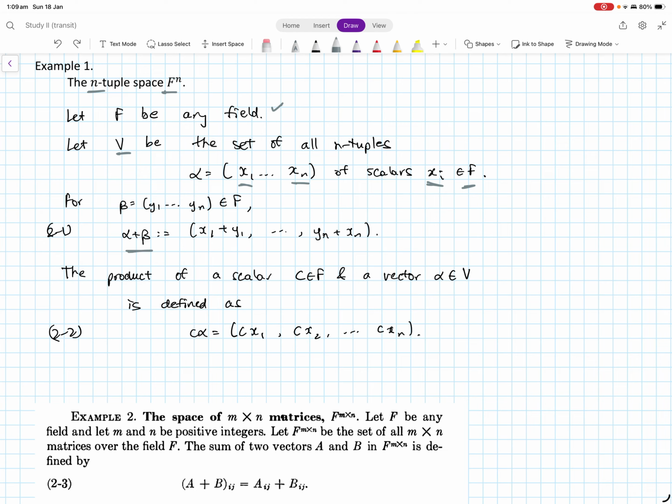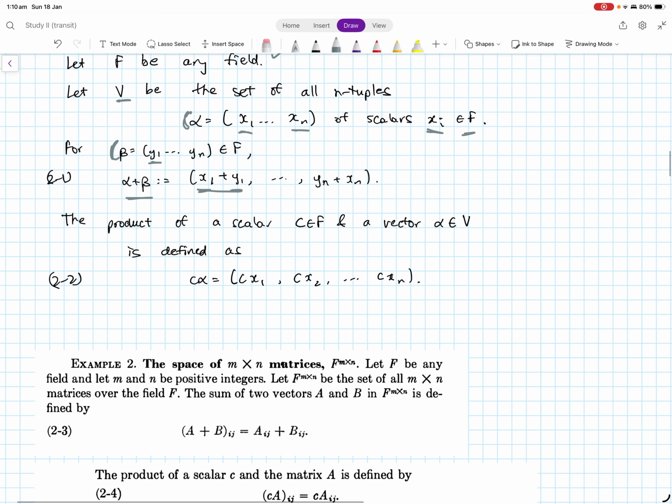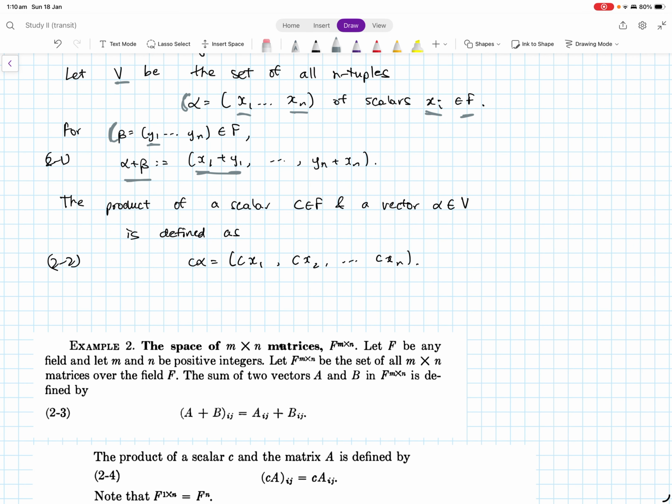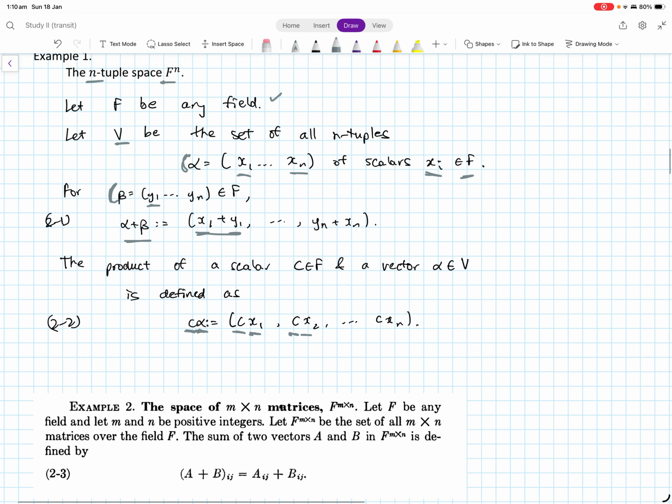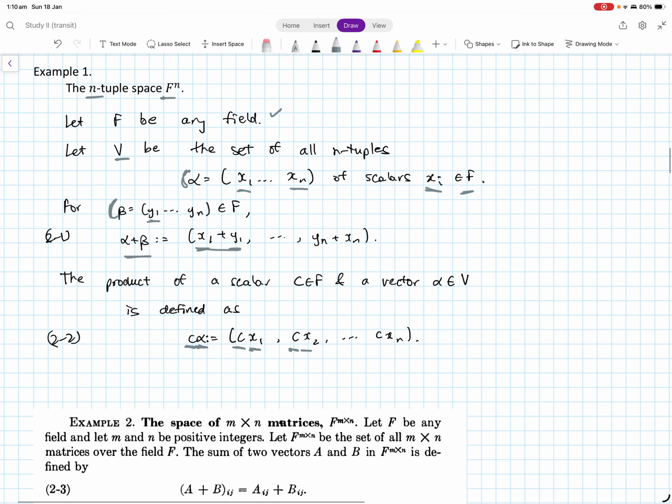The addition we define as component-wise addition. So if you're adding alpha plus beta, the sum is just going to be the component-wise addition. That's just the definition. And the product we define as follows: if you have a scalar multiplying the vector, then this is the same as multiplying each component with the same scalar. And this is very similar to how vectors behave in the intuitive, geometric sense. All right, so that's one example, and one can check that it satisfies the properties that we mentioned above.